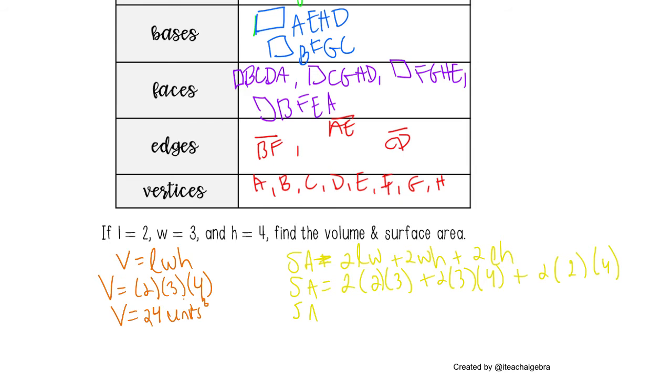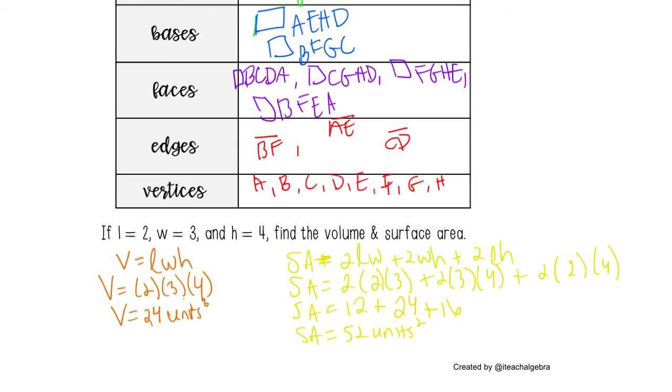Let's figure all this out. 2 times 2 is 4 times 3 is 12 plus 24 plus 16. That means the surface area is 52 units squared.